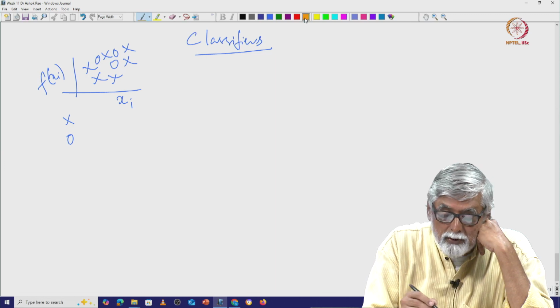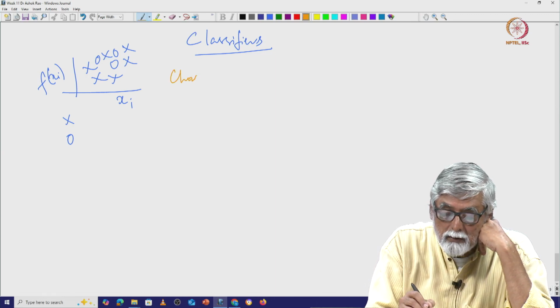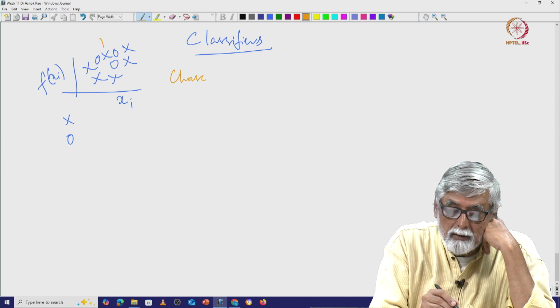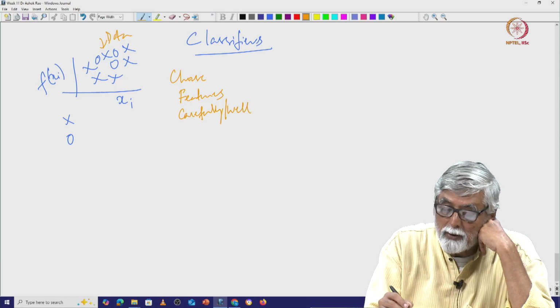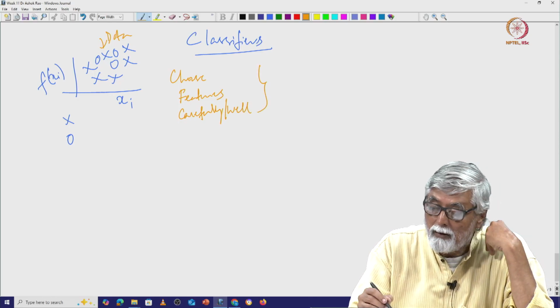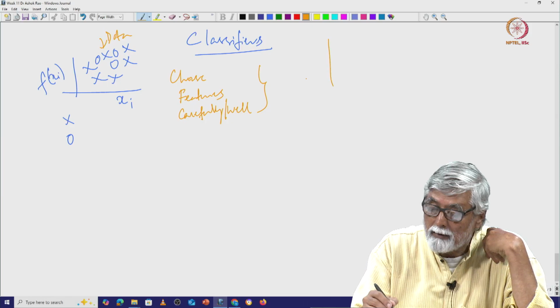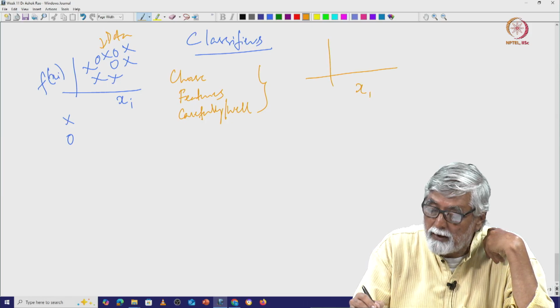Suppose you choose, see these are all data, there are two types of data. Choose features carefully, or you choose it well, or both mean the same. Something interesting can be achieved.